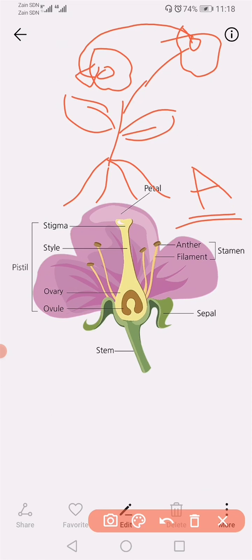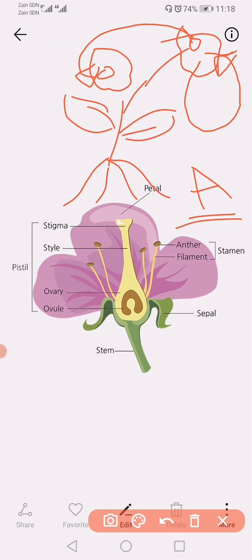The pollen grain is transferred from a flower to the stigma of another flower, but they are on the same plant. Or the pollen grain is transferred from the anther of this flower to the stigma of the same flower. So definitely this flower has to be a perfect flower.